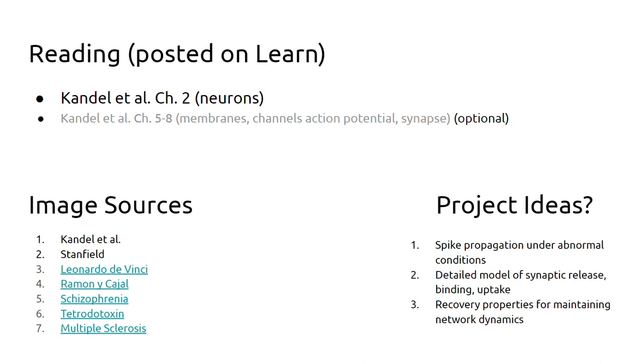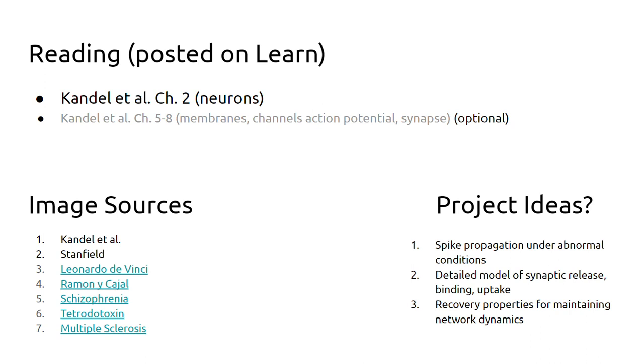Since so much of this was about existing computational models of different neurons, taking those models and modifying them in different ways seems like an interesting project. So take a model of spike propagation and put it in a weird situation. Say, a really long, really thin axon. How does that change the behavior?